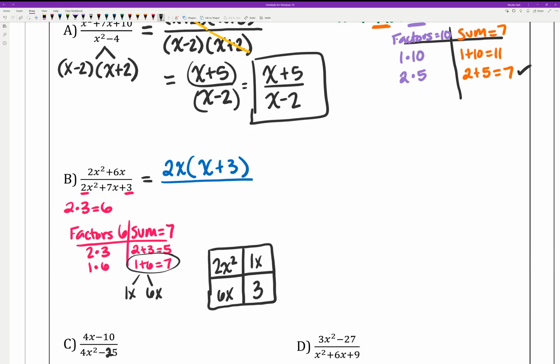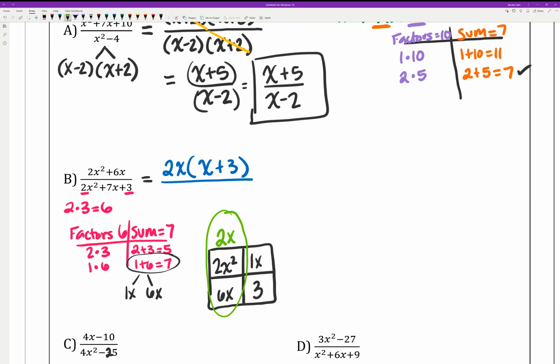And then I am going to factor out a GCF from each row and column. So if I look at this first column, I have 2 and 6, and the greatest common factor between 2 and 6 is going to be 2. And then we have x squared and x, and the most I can take from both equally would be one single x.